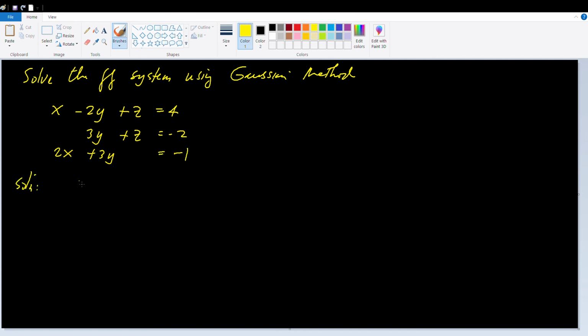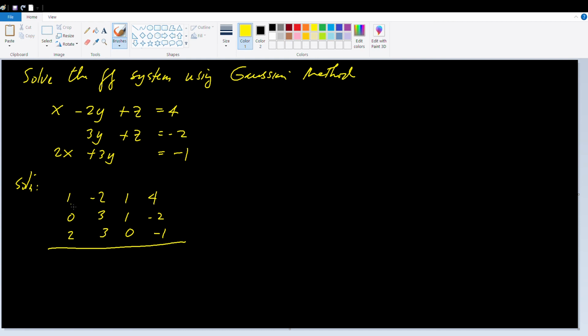Alright, so we form the augmented matrix 1, negative 2, 1, 4, 0, 3, 1, negative 2, 2, 3, 0, negative 1.